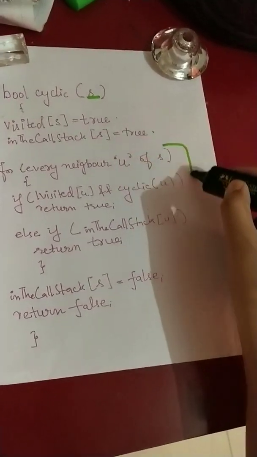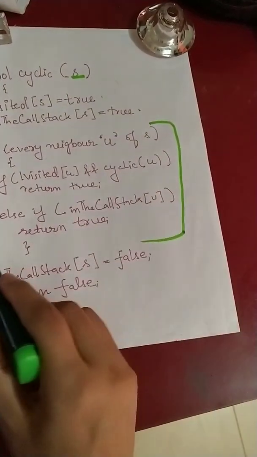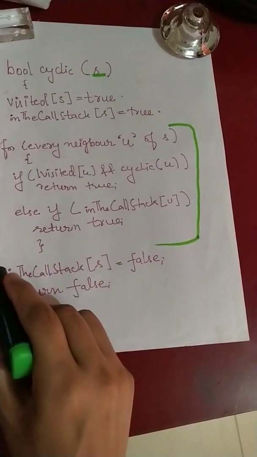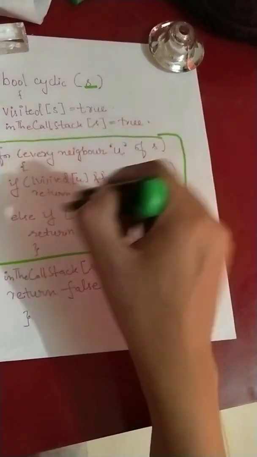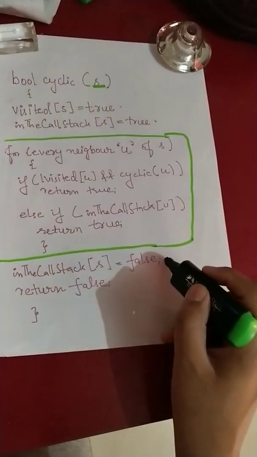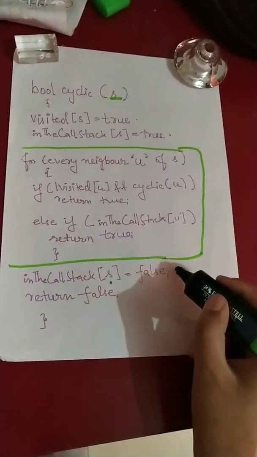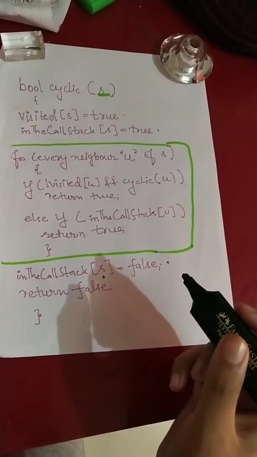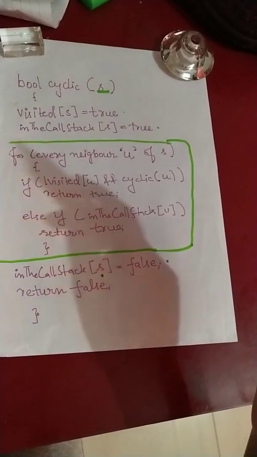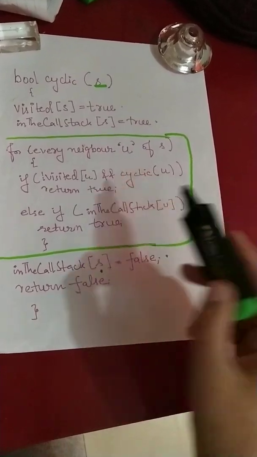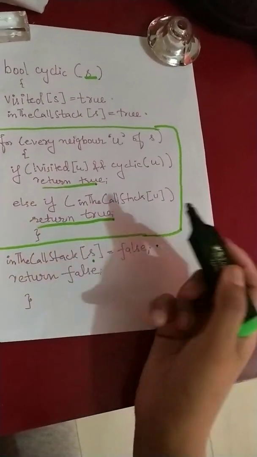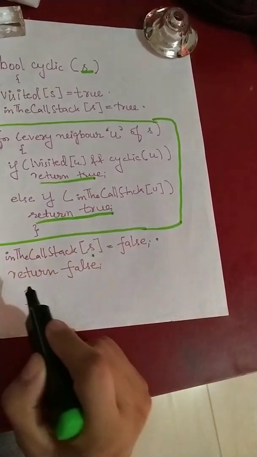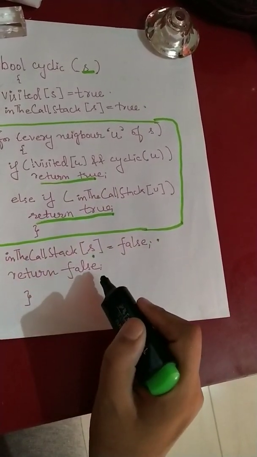Now this portion of the code is for exploring this current node, that is S. After the exploration is done, we remove the node S from the call stack. If the cycle was found anywhere, we will be returning true within this for loop. In case a cycle was not found, we will just return false at the end.